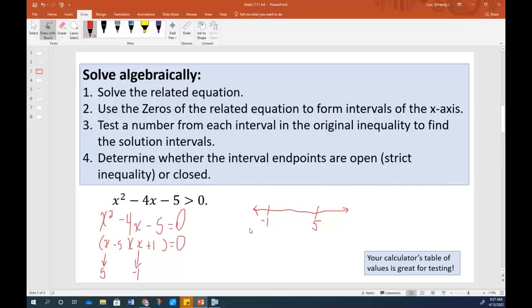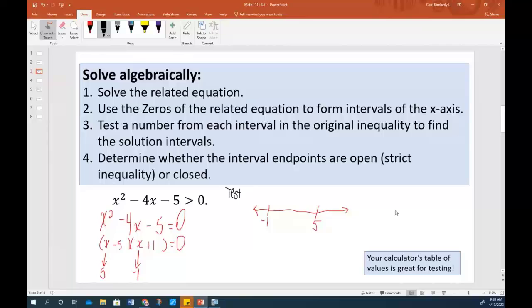Now what you can see is that actually cuts this x-axis up into 3 different sections. So we take a number in each of these sections that we test. So what I'm going to do up here is just write test, and I'm going to pick a number to the left of negative 1, in between negative 1 and 5, and then to the right of 5. And that's where we're going to test our values.